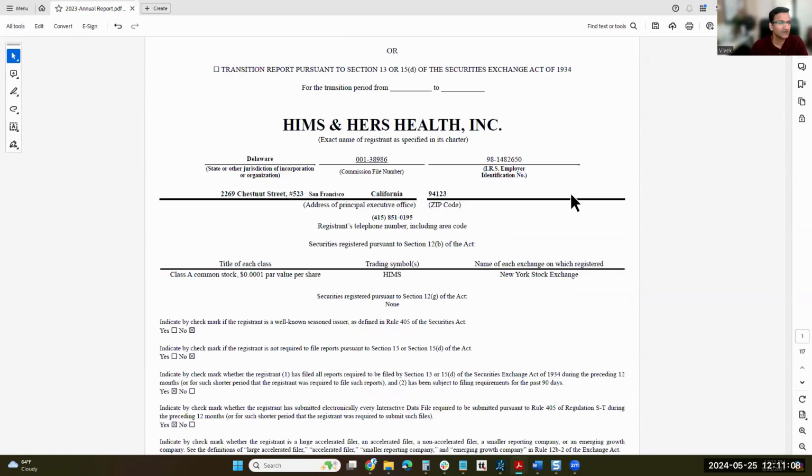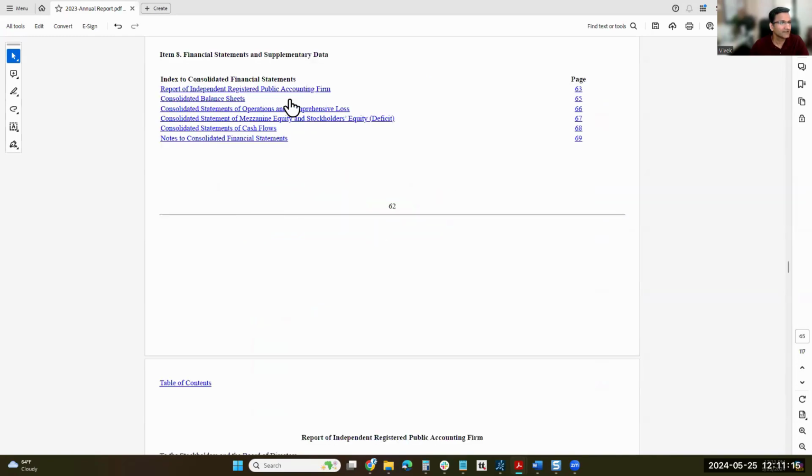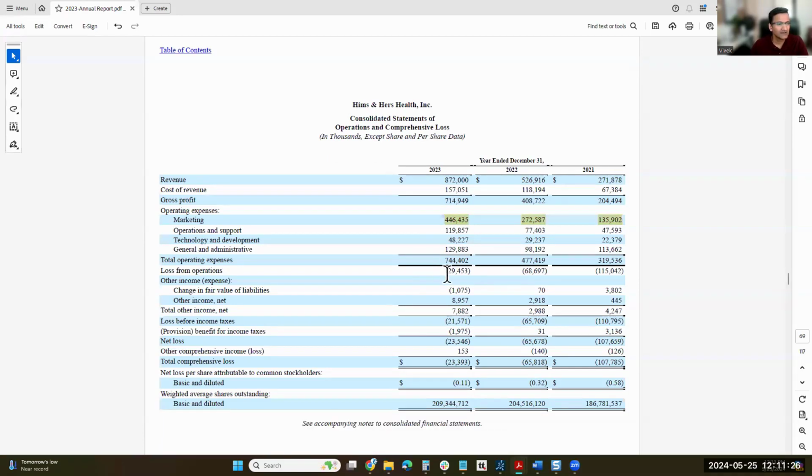So let's get back to their financial statements and back to operations. Okay, this has been consistently 50% of their revenue. So they still have to spend, either through discounting or by continuing to spend on marketing and advertising to get subscribers.